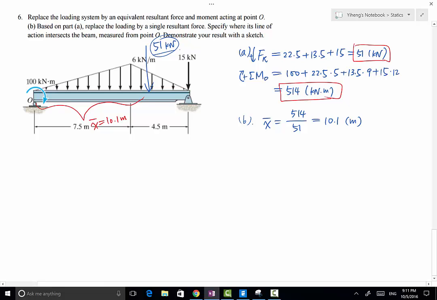It has the same resultant force magnitude, and at the same time, it creates the same moment about point O as the original system. The moment created about point O, again, clockwise is positive, equals 51 multiplied by the moment arm of 10.1 meter. If you disregard rounding errors, this will give us back 514 kilonewton meter. So that solves this problem.